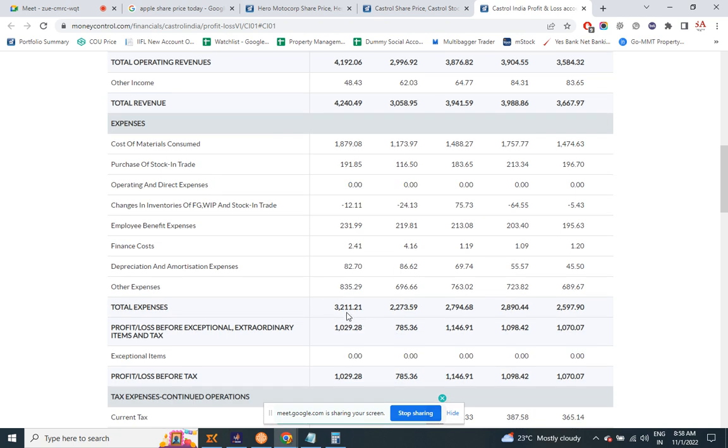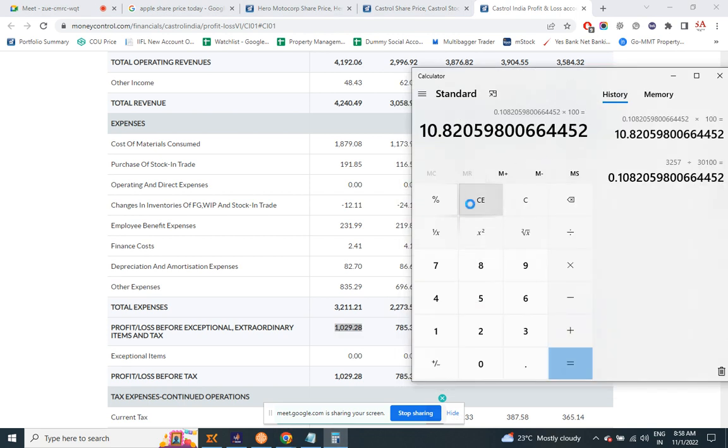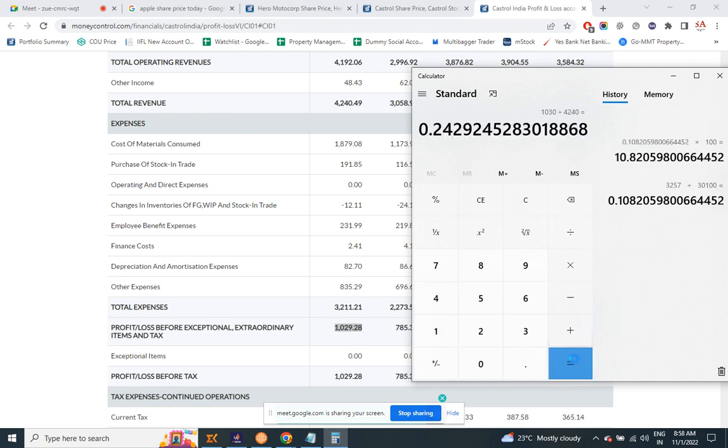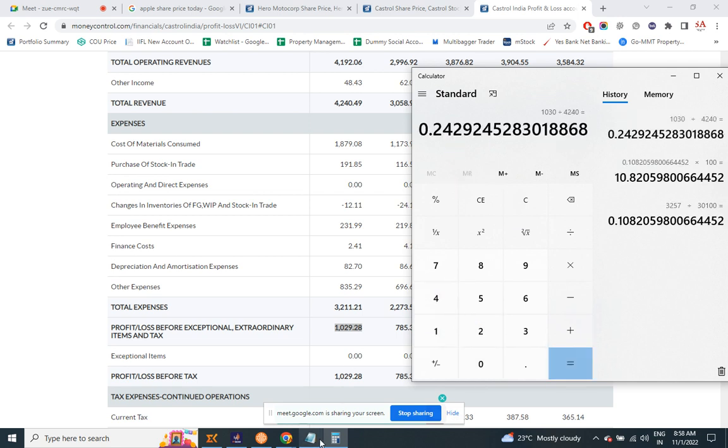In that, 3,000 crore is this one. So 1,029 crore is what they have made. Look at this amazing operating profit margin. 1,030 divided by 4,240. 24%.